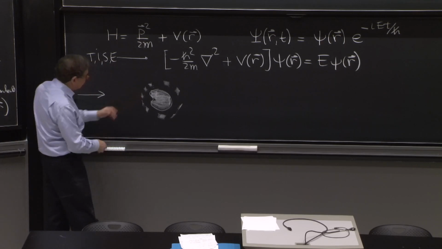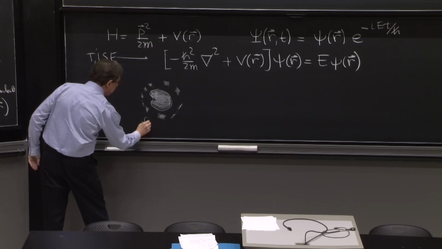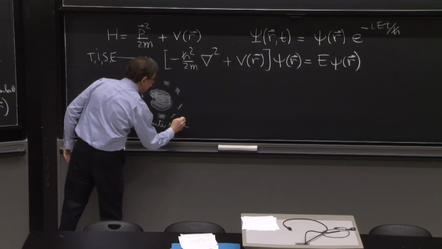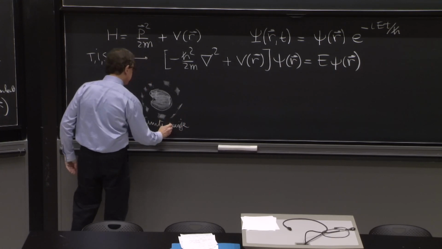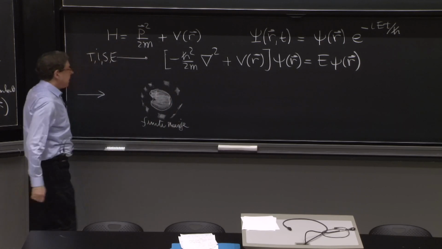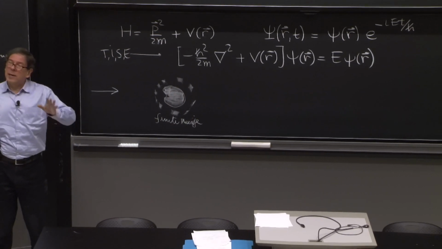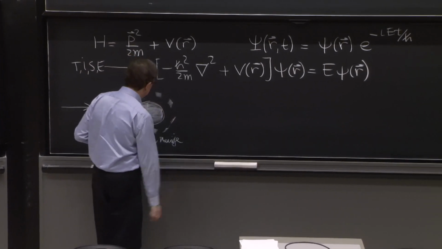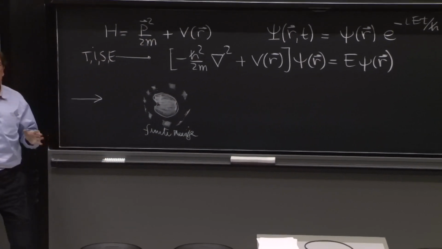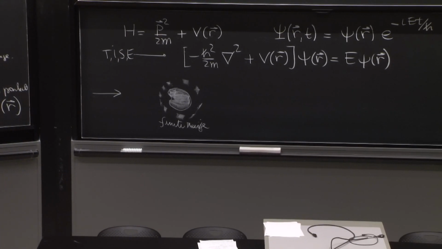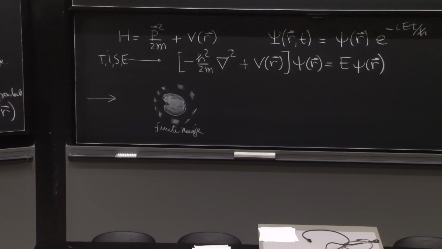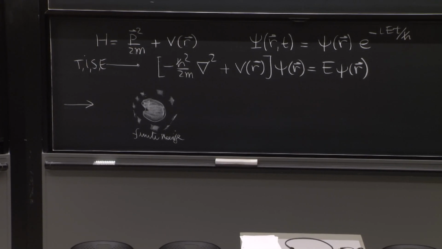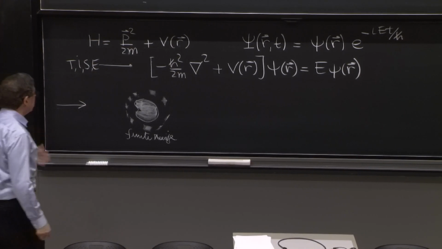And what we're going to assume is that this potential is finite range as well. Finite range, we can deal with potentials that fall off relatively fast. Already the Coulomb potential doesn't fall off that fast, but potentials that fall faster than the Coulomb potential are potentials that are just localized, which is pretty common.